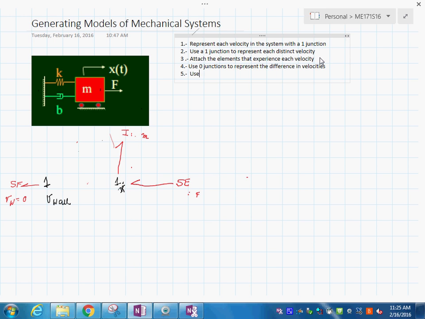Represent the elements that see or that experience those velocity differences.